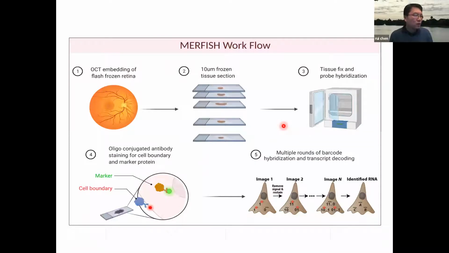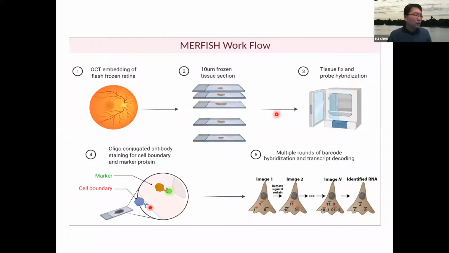So just to give you a brief view of the workflow we have with the MERFISH experiment. Basically, we start with the retina, a frozen OCT, flash frozen retina, in this case the mouse, and then we make a frozen section at 10 micron thickness, and then we fix the tissue and hybridize the probes we pre-designed based on the meta-analysis we have done based on the RNA-seq data.